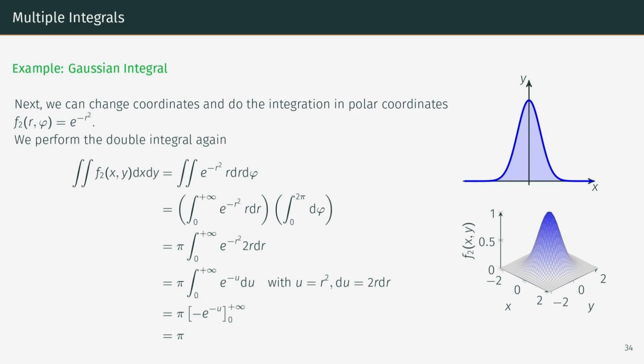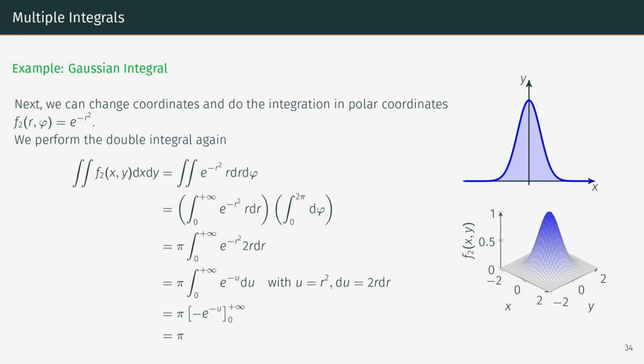Again, we rearrange the terms to put the appropriate parts in the appropriate integrals. So the integral of e to the negative r squared r dr from 0 to infinity times the integral of d phi from 0 to 2 pi.